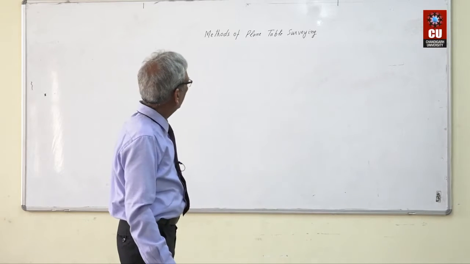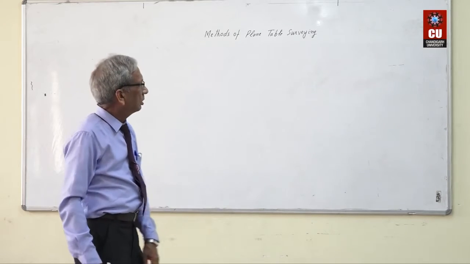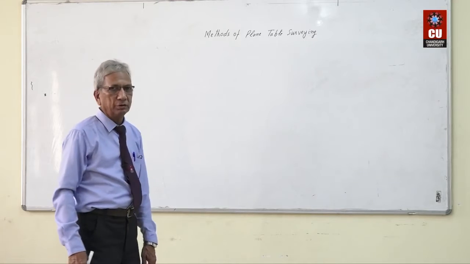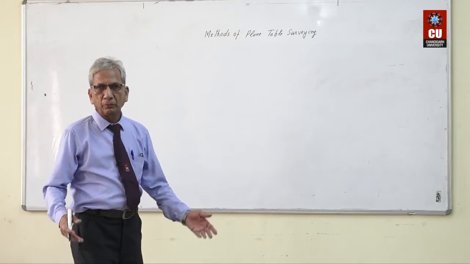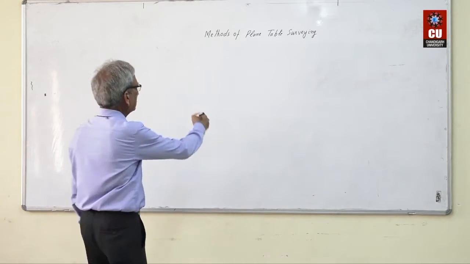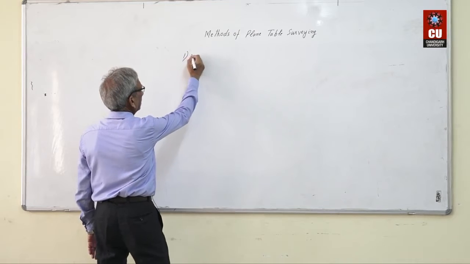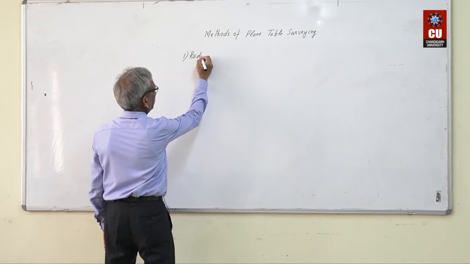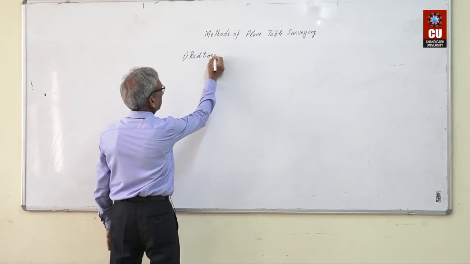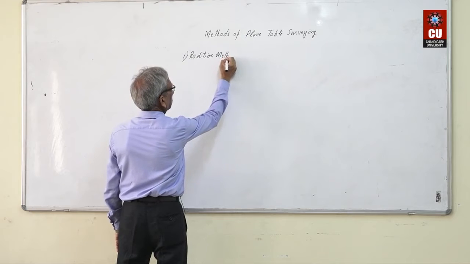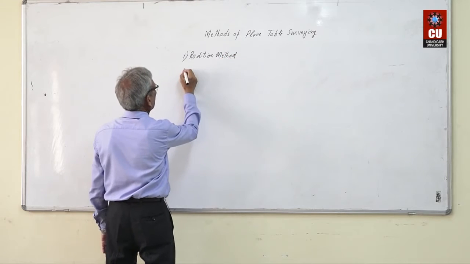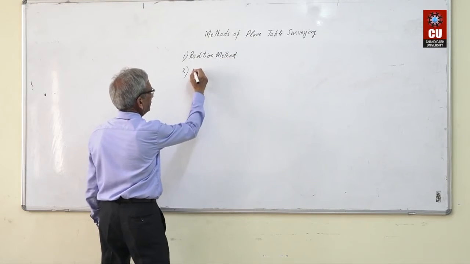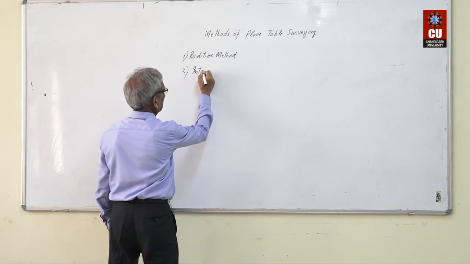Now today I will tell you regarding methods of plane table surveying. There are 4 methods. One is radiation method. The second is intersection method.